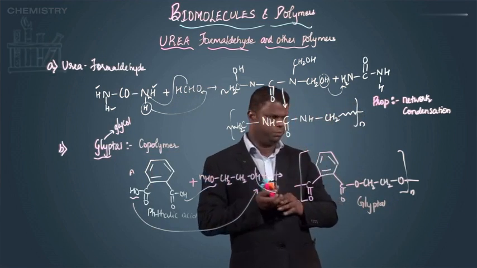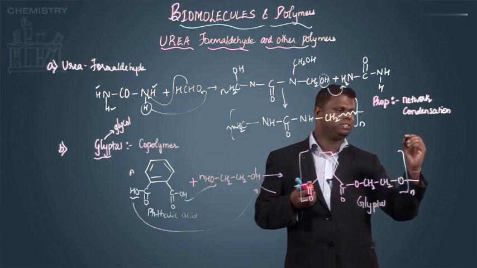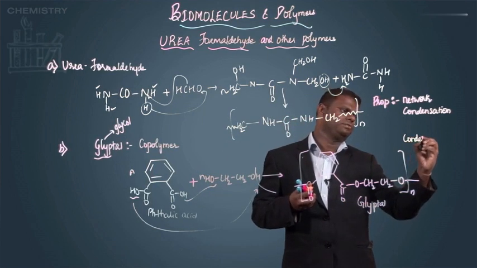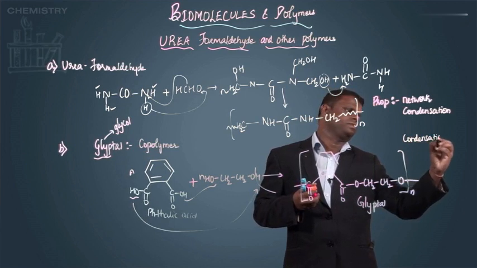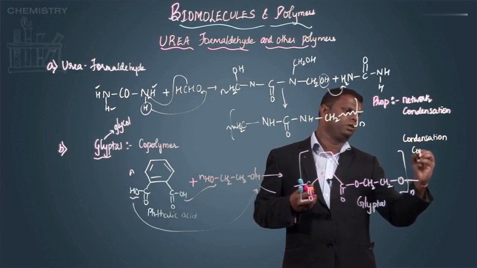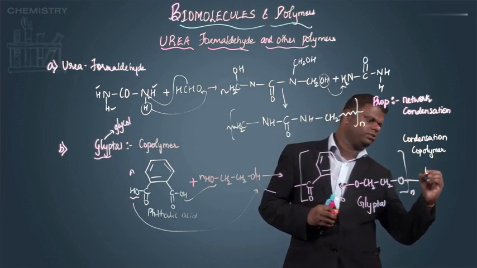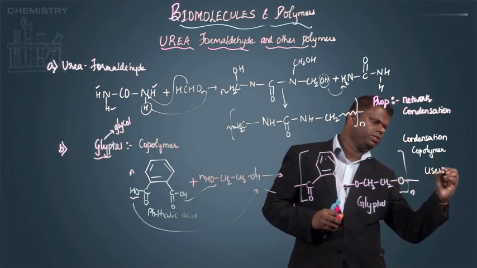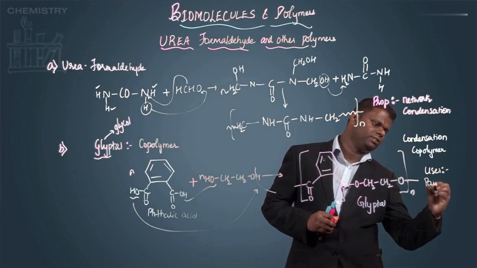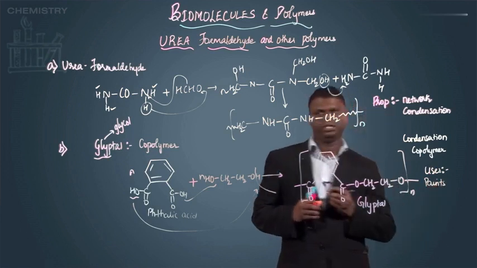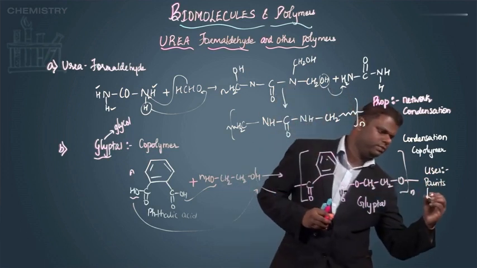Again, the properties, you could say that this is a condensation polymer and this is a copolymer. Now the uses. So this is used in manufacture of paints and lacquers as well.